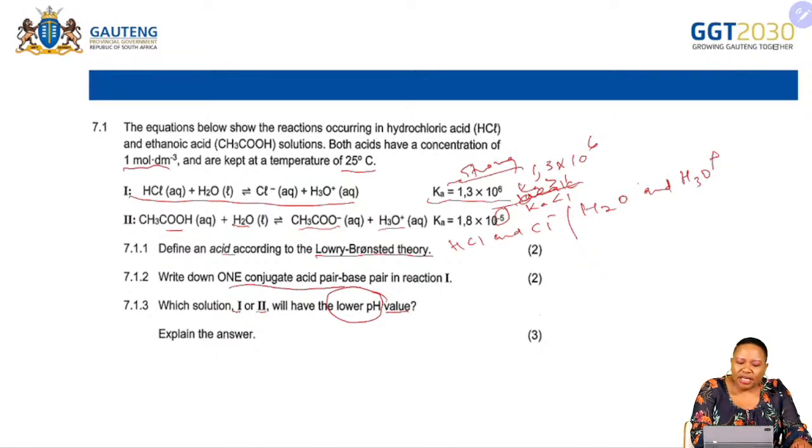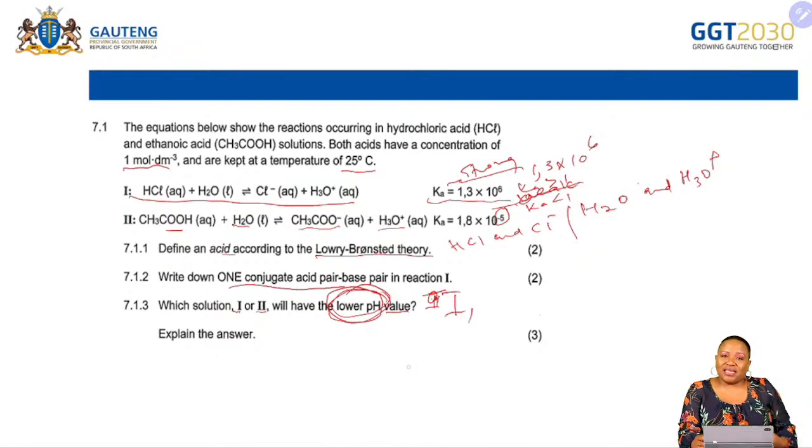So we are going to say that reaction 1 will have the lower pH. Remember, the stronger the acid, the lower the pH. And we know that hydrochloric acid is somewhere there, pH 1, 2, 3.